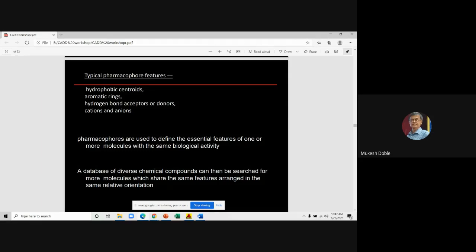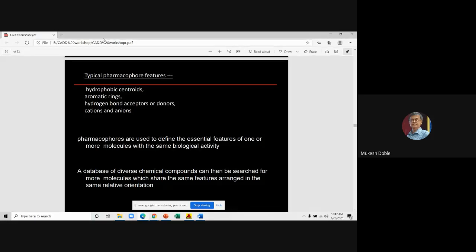If I have a set of molecules which is showing some activity, then I will see what is the common feature of those molecules, whether they have common hydrophobic groups or common-looking aromatic rings or common-looking hydrogen bond acceptors or donors. Then I would say those pharmacophore features are necessary for that particular activity. That is how I connect that.